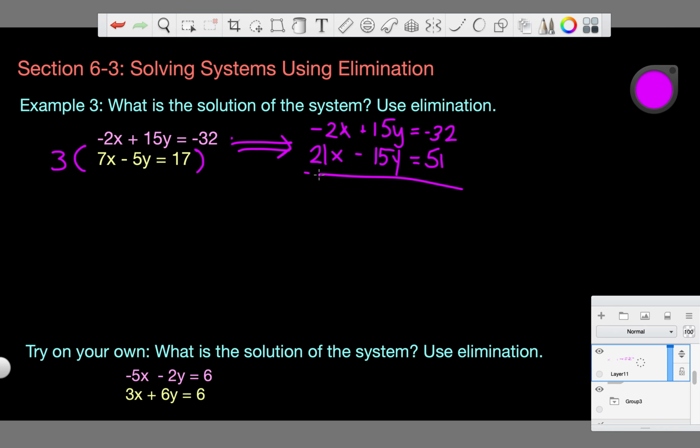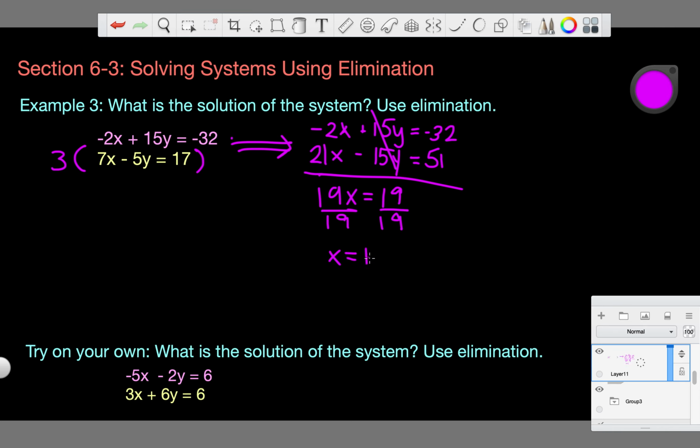So now when I add these two equations together, I get 19x, these cancel, and this equals 19. Therefore, to get x alone, I can divide by 19, and I'm left with x equals 1.